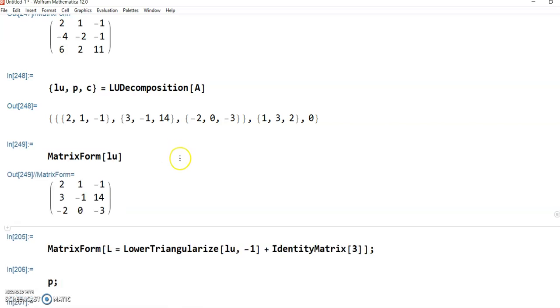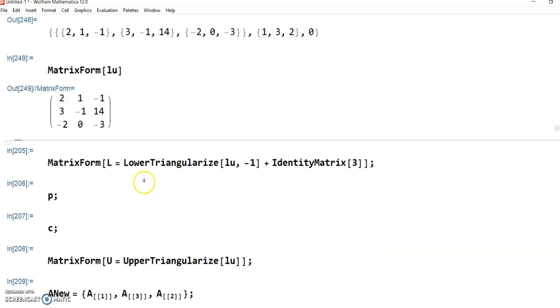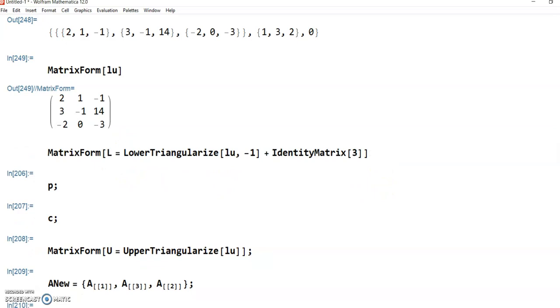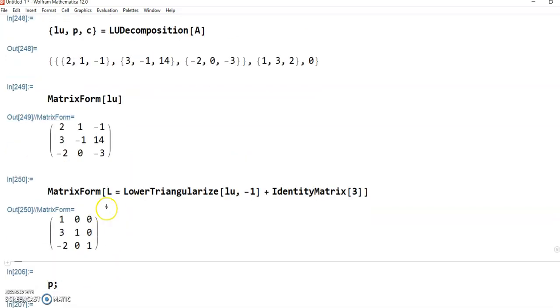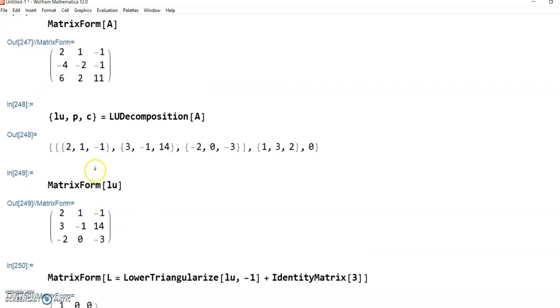You can see that LU is 2, 1, minus 1, and of course some of the values have been changed. From this matrix form, now we can find the lower triangular matrix by this command. And we can see that the lower triangular matrix will be 1, 0, 0, 3, 1, 2, 3, 1, minus 2.